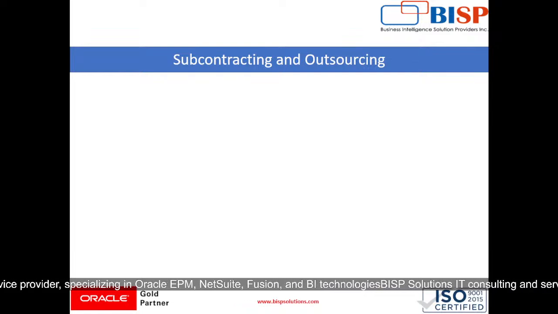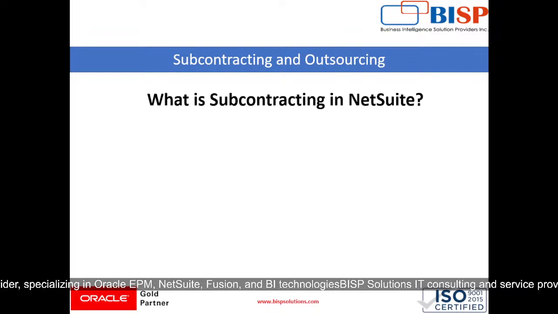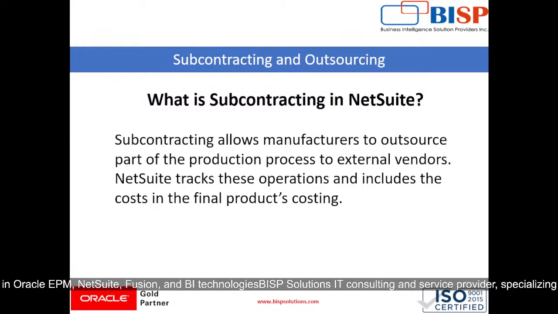Then comes our subcontracting and outsourcing. So what is that? Subcontracting allows manufacturers to outsource part of the production process to external vendors. NetSuite tracks these operations and includes the cost in the final product's costing.